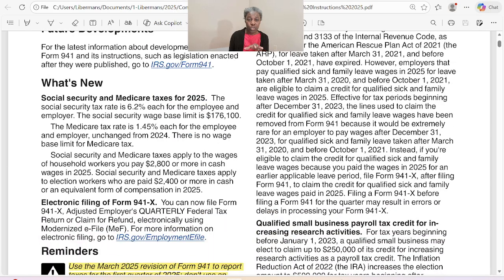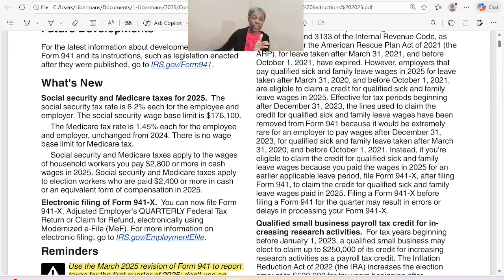That threshold is for the whole year, so as you are tracking employees' payroll throughout the year, when it reaches 176,100, you are going to stop withholding Social Security tax on the salary.